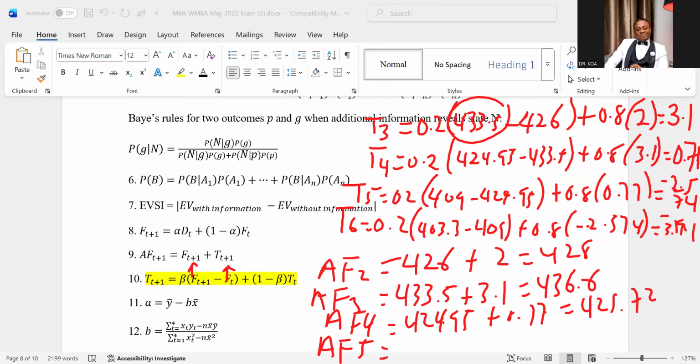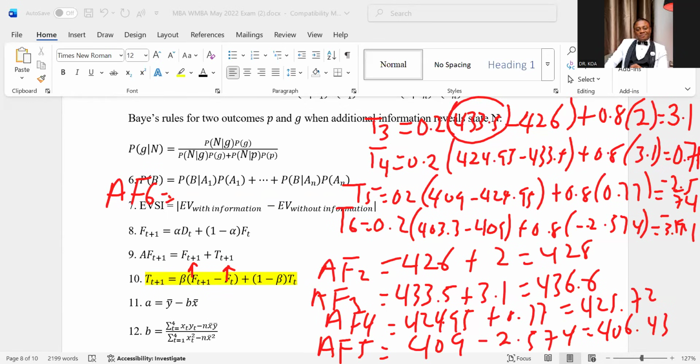Then you go to AF5. AF5 will be the 409, but it was minus. Don't forget the time trend was minus. So 409 minus 2.574. Okay, so that will give you 406.43. And then the last one, AF6.